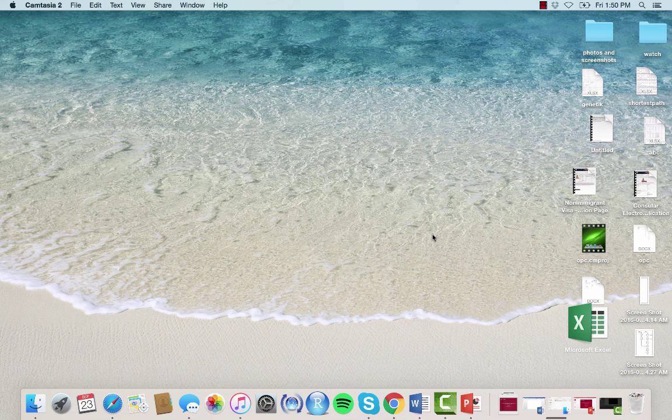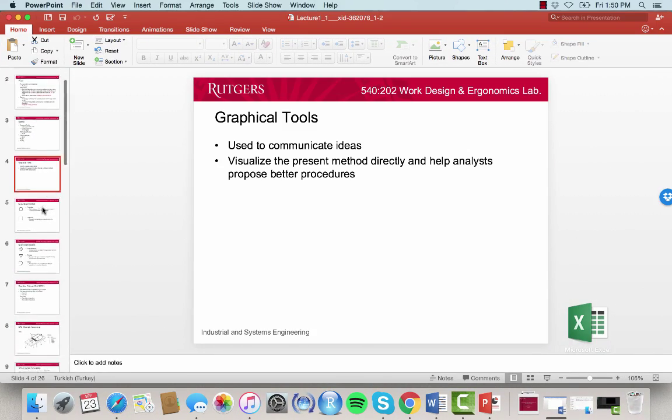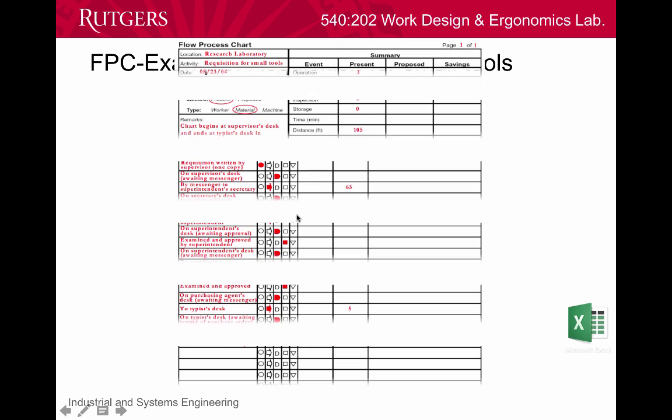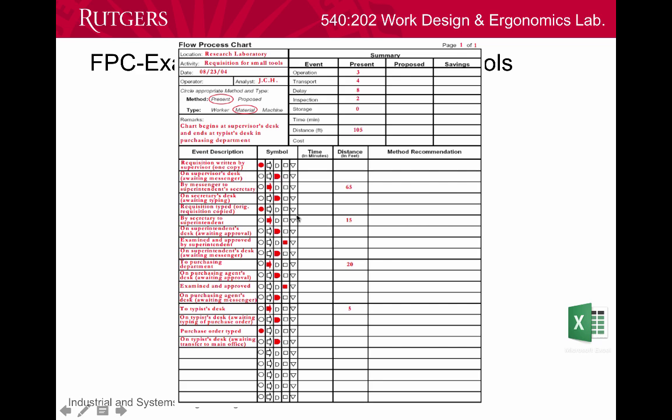Okay, now we'll do how to draw a flow process chart on Microsoft Word. First, let's open our flow process chart. It's this one. And let's see how many rows and how many columns we have, because you see it's actually a table. The upper part, the event description part, has 1, 2, 3, 4.